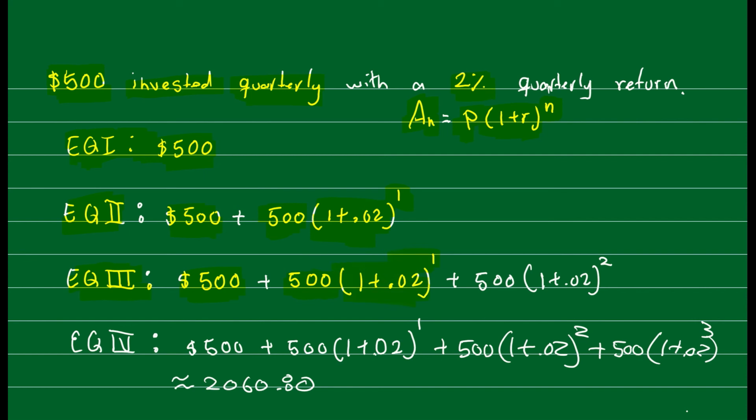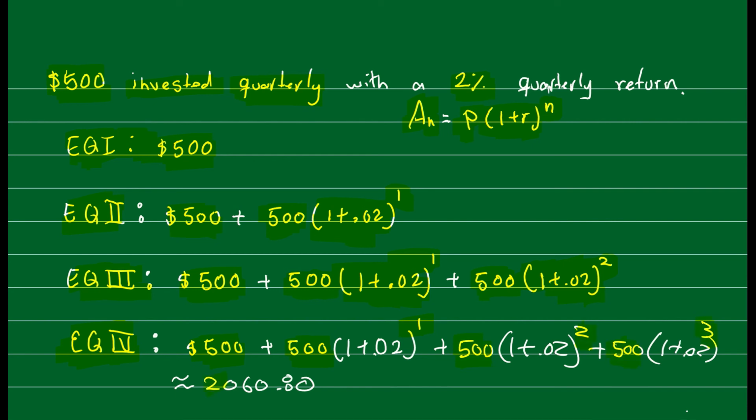They had one period to be able to compound. And the $500 that you invested at the end of quarter one, they had two periods to compound. And at the end of quarter four, you put in your $500. The $500 that you put in on quarter three had one period to compound. The $500 on quarter two had two periods. And the $500 at the end of quarter one had three periods to compound.